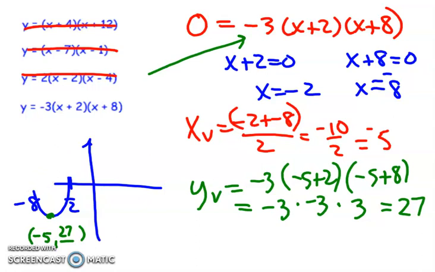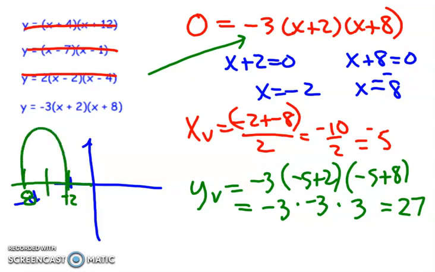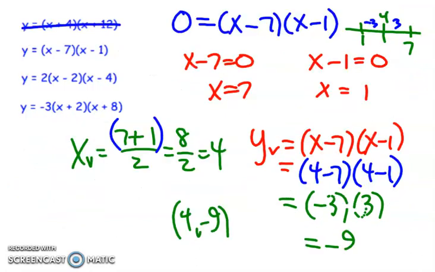This graph is actually going down. So we have negative 8, negative 2, the x value of the vertex is at negative 5, and the vertex is negative 5, 27. Because again, the a value is negative 3, and this graph is N-shaped instead of U-shaped.